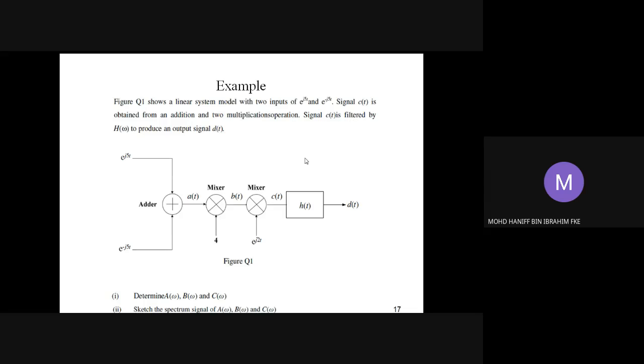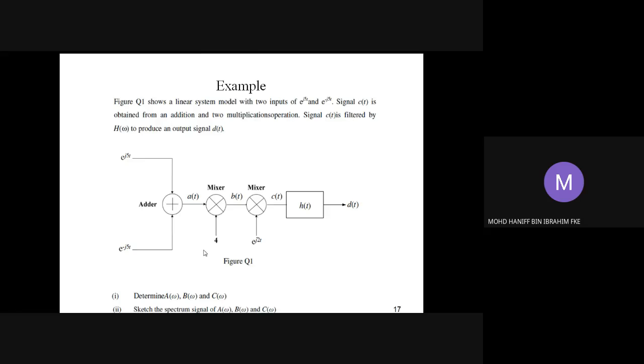Let's have a look at a solution for this example. We need to obtain three Fourier transform values. The first one is A(omega), which is the Fourier transform of a(t). Then we have B(omega), which is the Fourier transform of b(t). And then C(omega), which is the Fourier transform of c(t). And the second question is that we need to sketch the spectrum for these three signals, A(omega), B(omega), and C(omega).